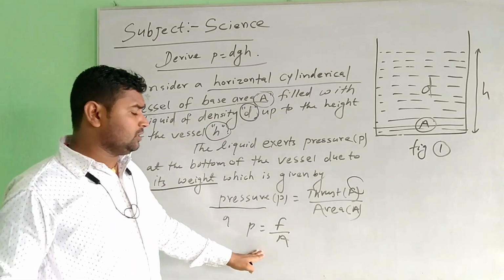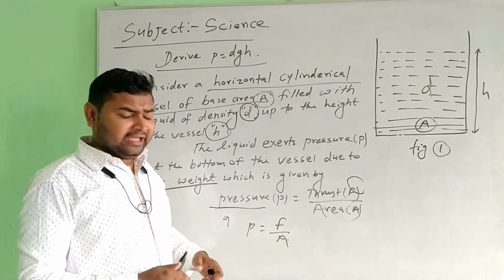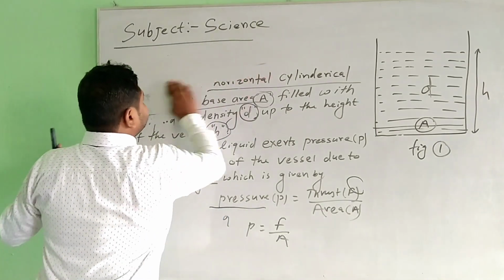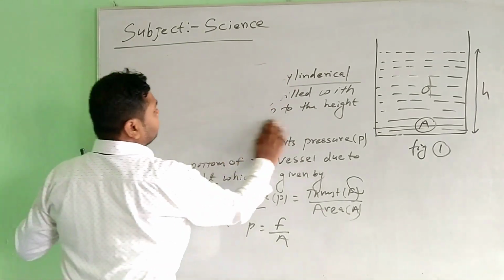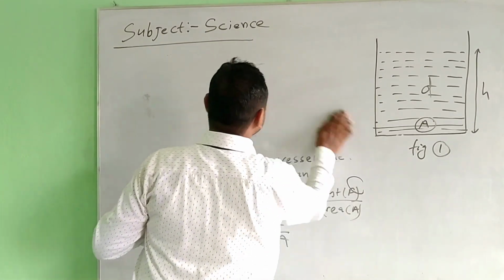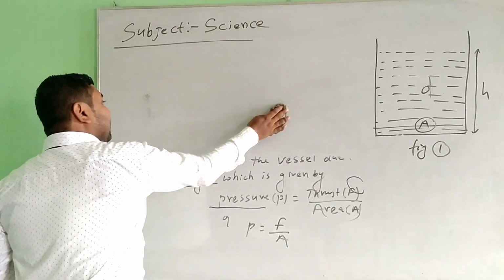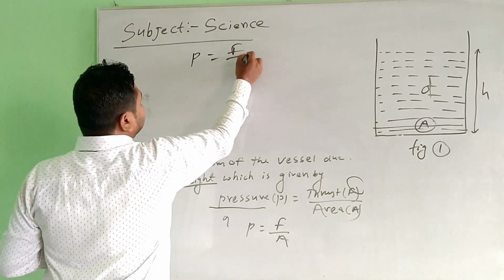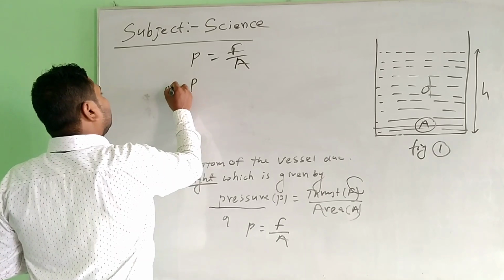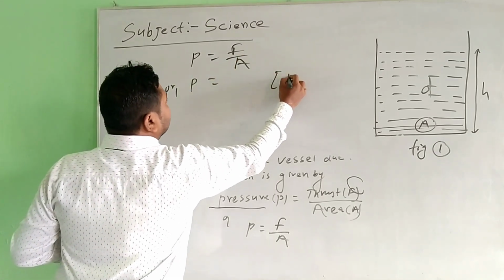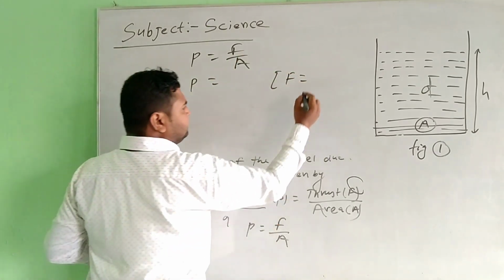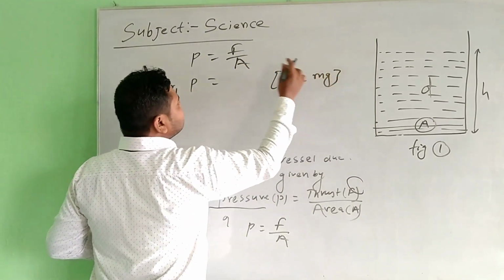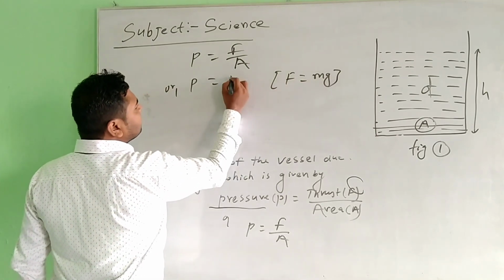P is equal to F by A, where F is equal to mg. So instead of F, we can write mg.